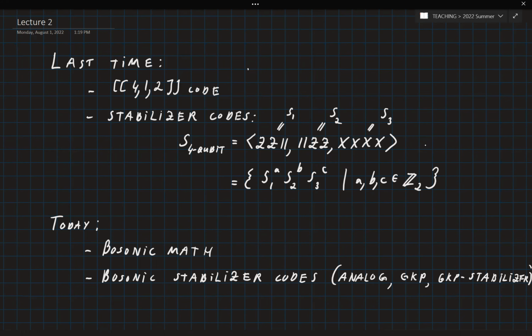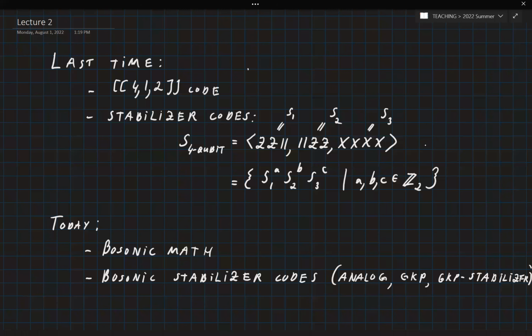So a stabilizer group is defined to be a group of commuting operators such that the group doesn't contain minus identity. Each operator needs to have some +1 eigenvalues, otherwise there is no joint +1 eigenvalue eigenspace.